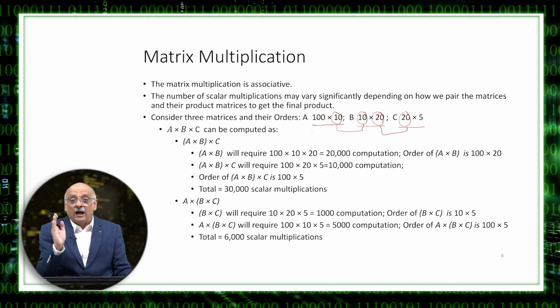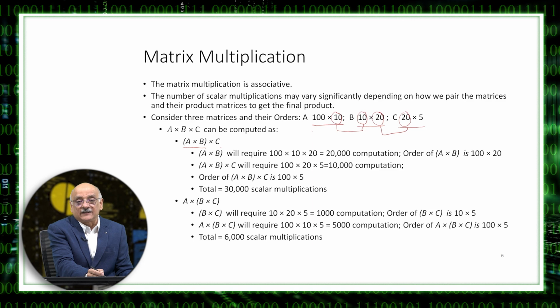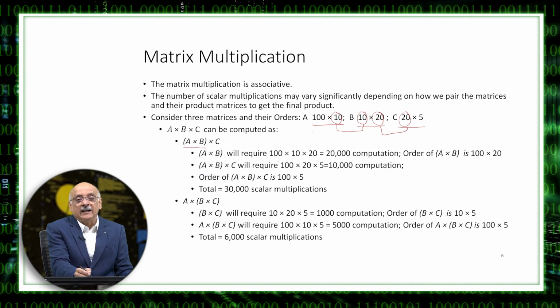However, we can first multiply AB, and then multiply the product of AB with C. If we multiply AB, how many computations will it require? This is 100 into 10 and 10 into 20.